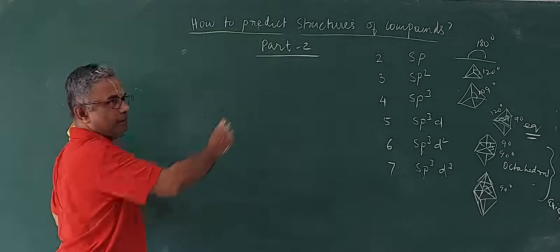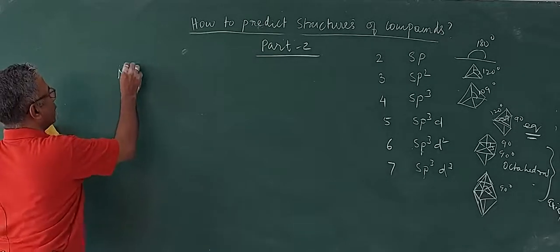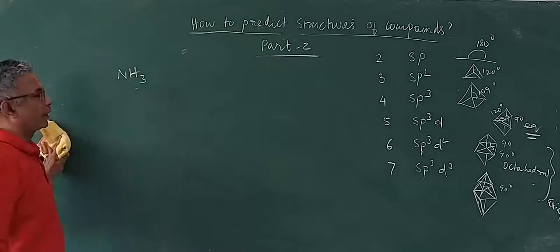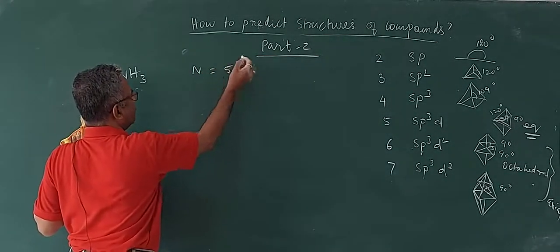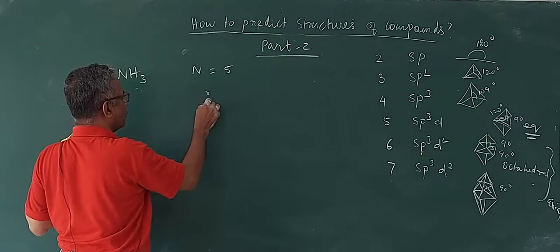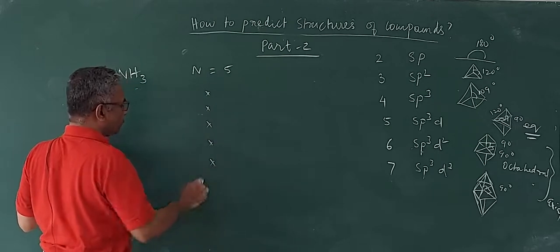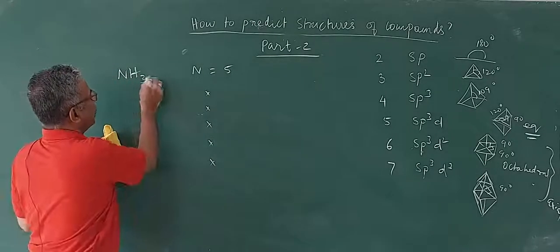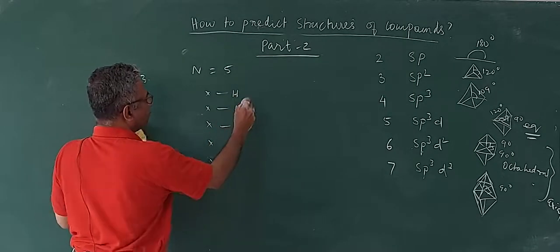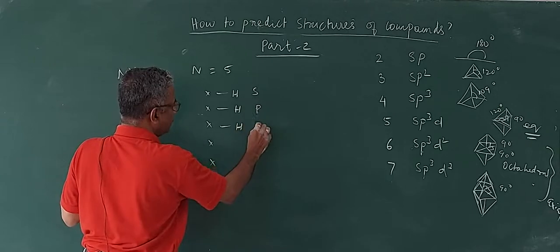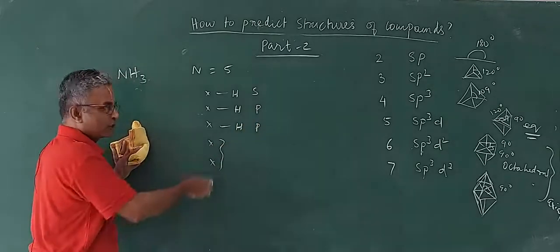Now I will show you another shortcut method, instead of working out this big problem. Suppose you have ammonia. How to find out the shape of ammonia? You know that in ammonia, nitrogen contains 5 valence electrons. So you write 1, 2, 3, 4, 5, 5 valence electrons. You have 3 hydrogen atoms. Now you write S, P, P, P. Whenever you have free electrons, you make them a pair.